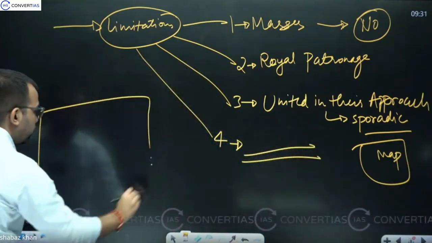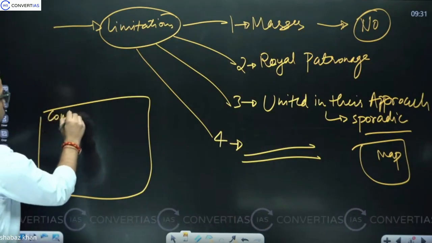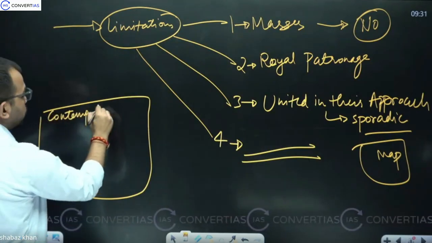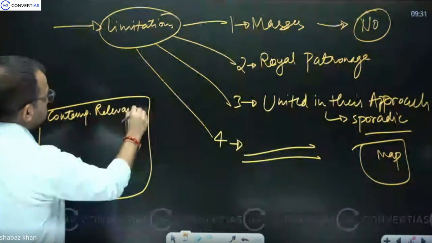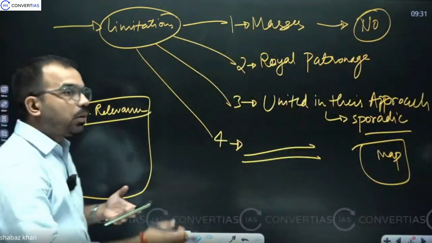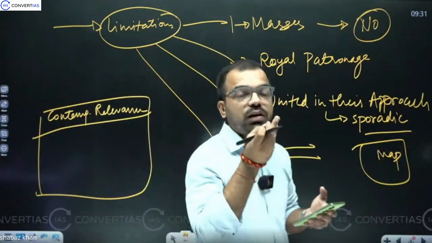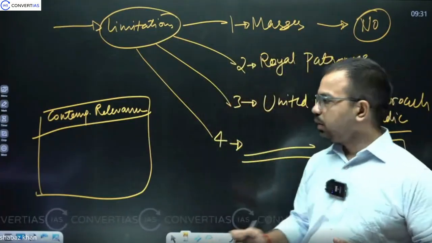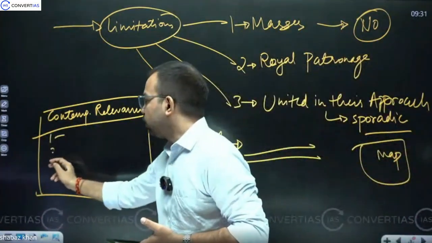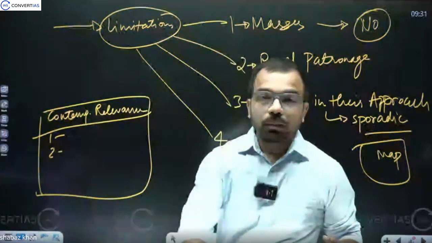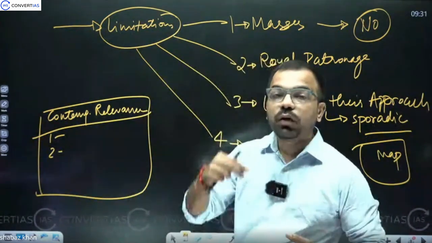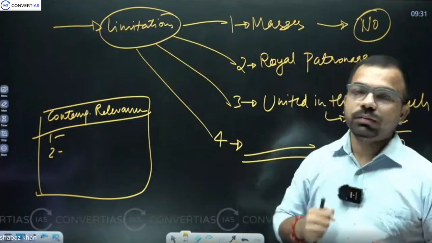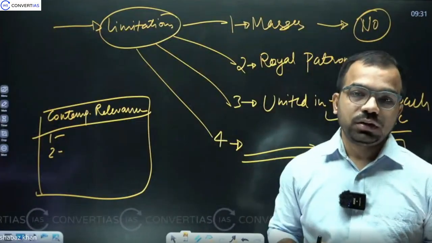Can you write down now the contemporary relevance? In terms of the social, religious reforms that are required in the society, in terms of opposing majoritarianism, in terms of opposing religious extremism, radicalization, right?